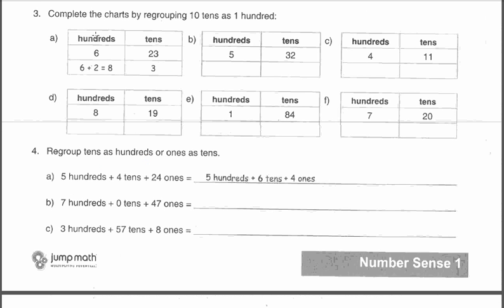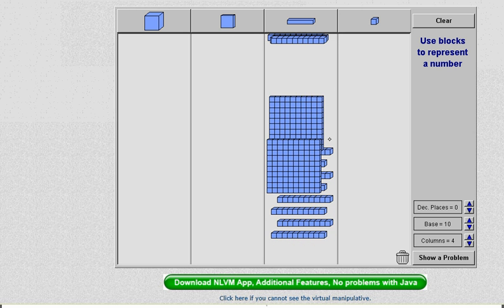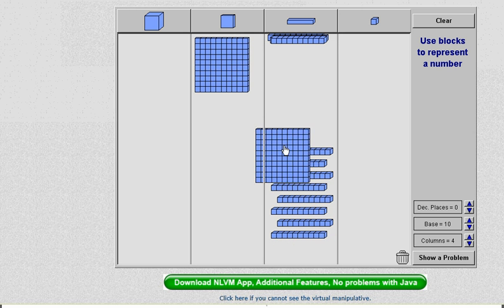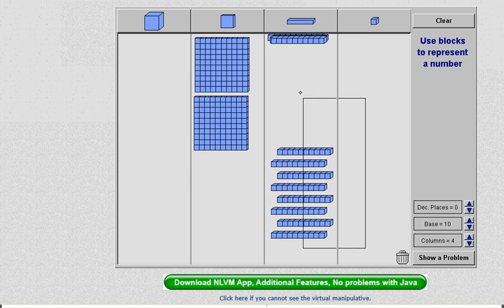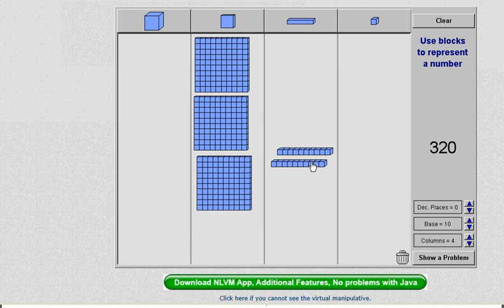It says, complete the charts by regrouping tens as 100. So now imagine we have 32 tens. Let's do a quick picture of that. Now you can hardly count those 32 because some of them are overlapping. But if I start to group these 32, you can see that I've got 100, 200, let's try grouping again, 300, 20 left over.